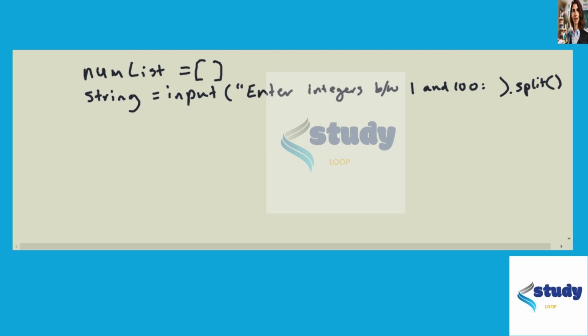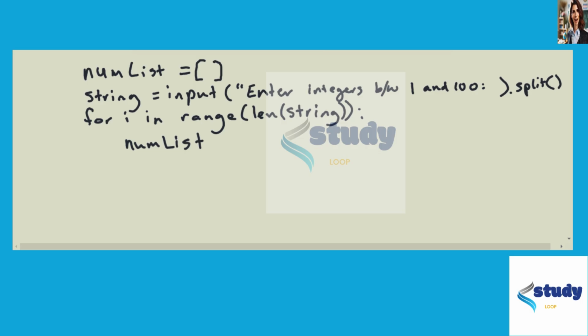So to do that, we're going to operate on this list, and we're going to do for i in range, and then the length of this list, and then we're going to say numList, we're going to append to it the integer form of each element in that list.